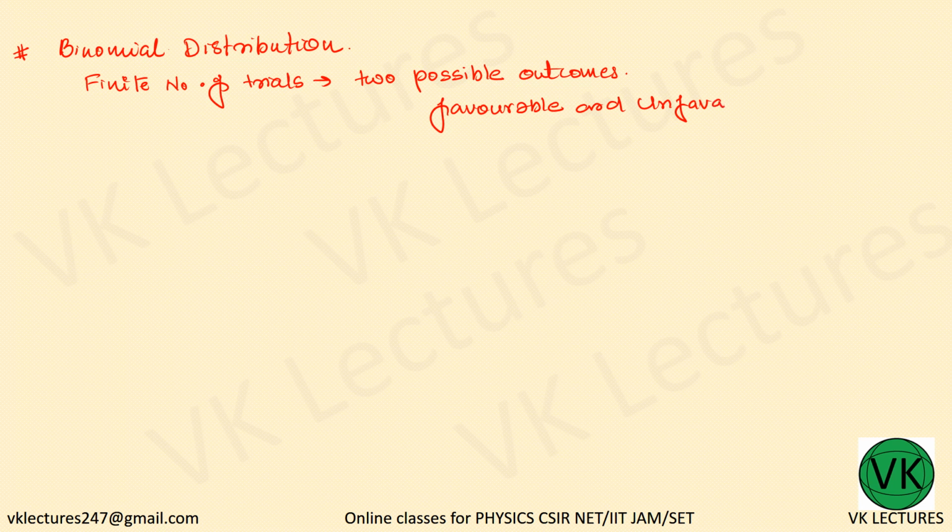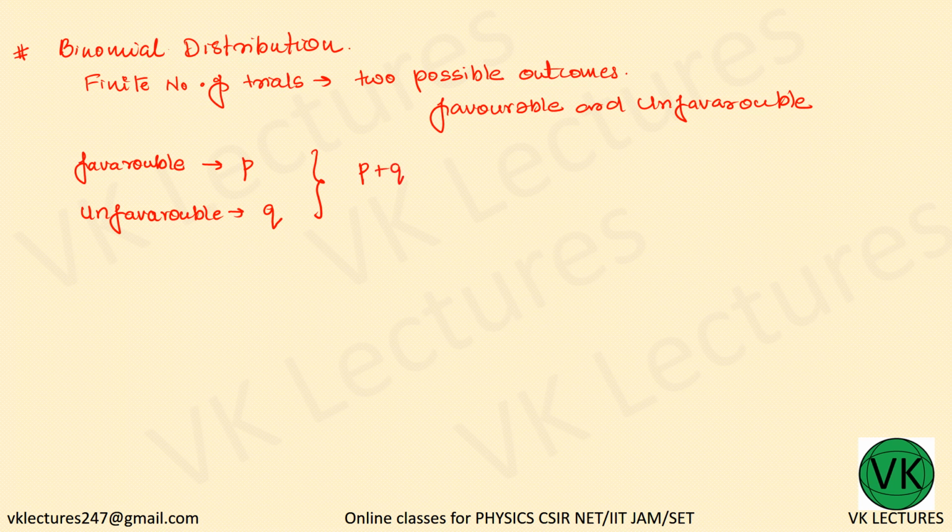This is in general for every distribution: there will be a favorable outcome and unfavorable outcome. The favorable is given by the letter P, while unfavorable is given by the letter Q. We know that P plus Q, the favorable plus the unfavorable probability, should be equal to 1.